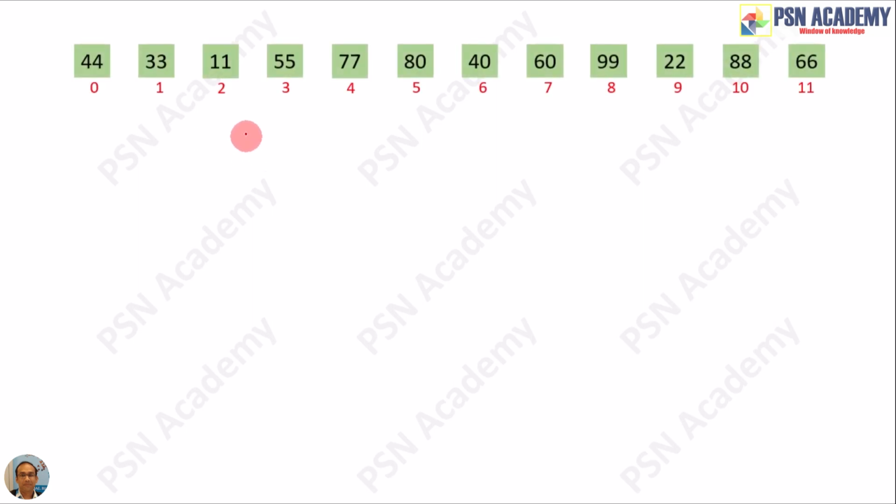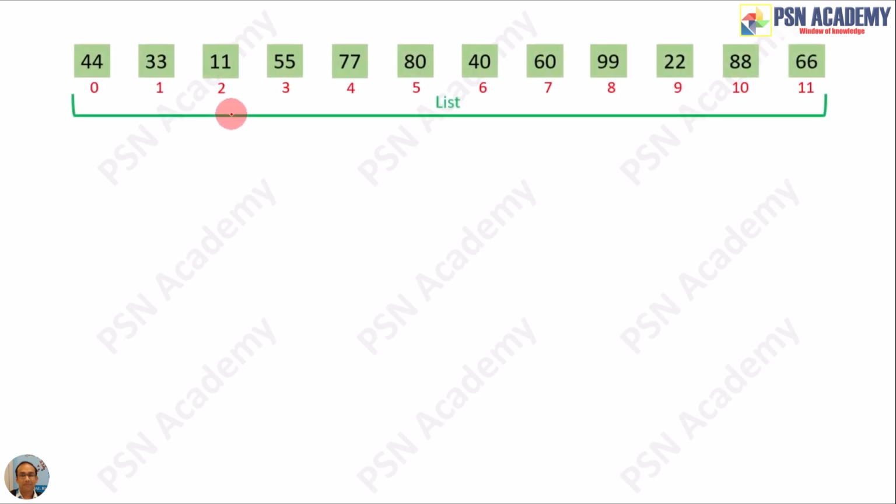You have a list of elements, and we say that this is a whole list. The algorithm selects one element from this array and tries to find out the proper location of that element in this array. For example, these are the 12 locations and the algorithm will try to find out the proper location of 44.